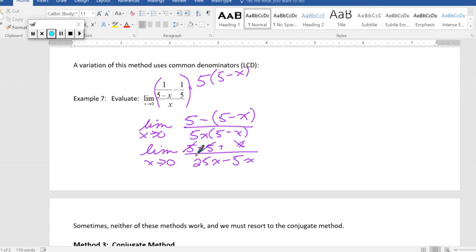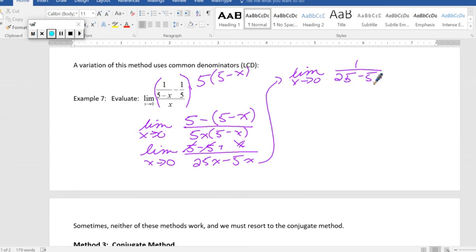Here the 5's will cancel. Notice I have an x term available in each of the 3 here, so I'm able to cancel out there too. The limit as x is approaching 0, I'm now left with 1 over, let's see, 25 minus 5x.